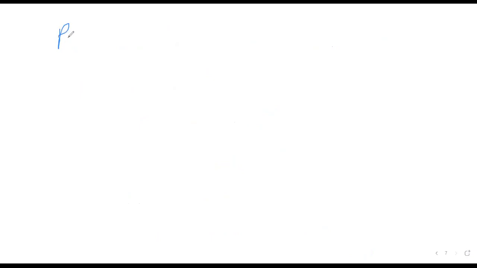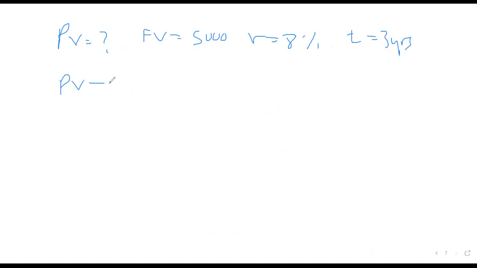Lastly, sometimes we're not given the present value. We're given the future value, which is what? 5,000. The interest rate has been given maybe by 8%, and the time has been given by 3 years. So how do we find the present value? Present value is equal to future value divided by 1 plus R to the power time. So our future value is 5,000.